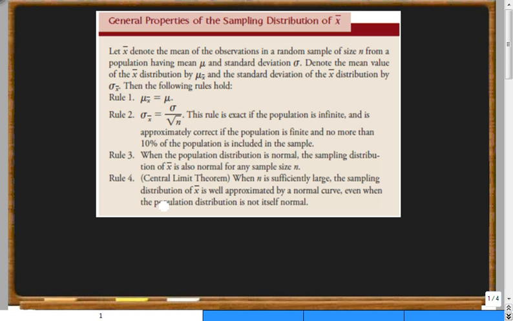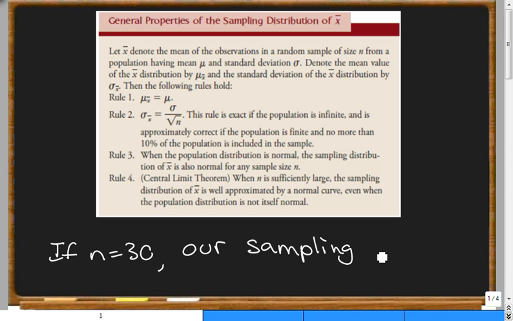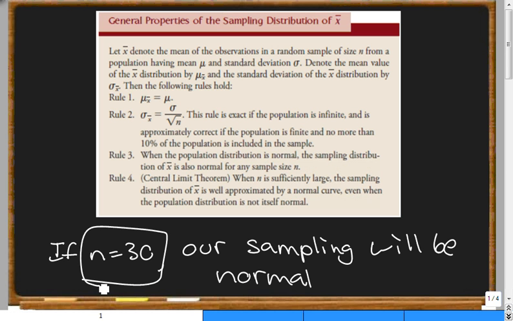So Rule 4 says that if n is 30, our sampling distribution will be normal, regardless of what the population distribution is. So if n is 30, regardless of our population distribution, we will have a normal or well approximated normal distribution for our sample.